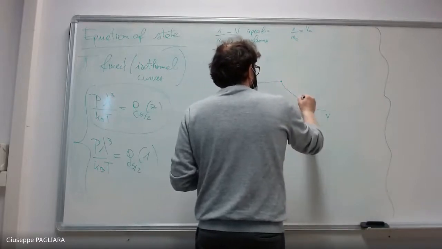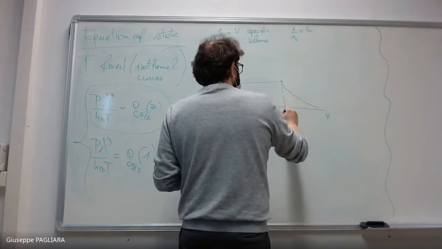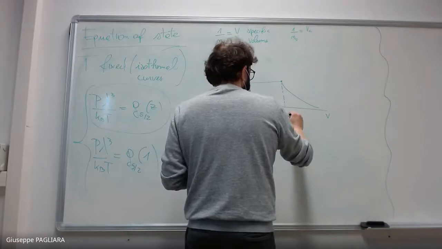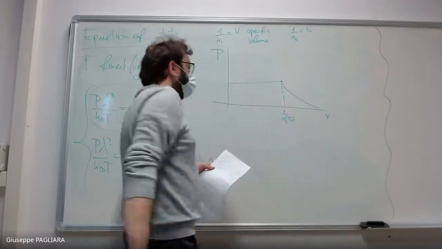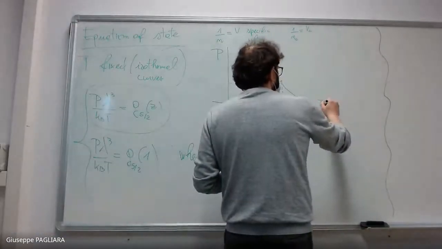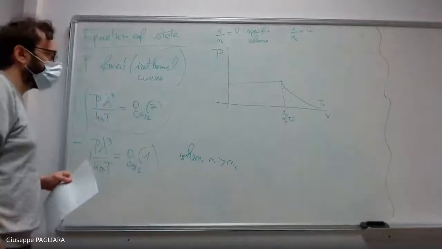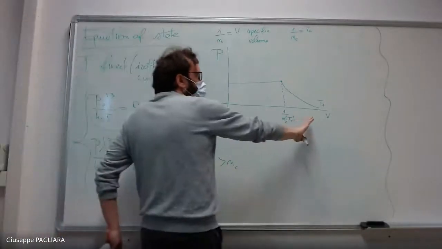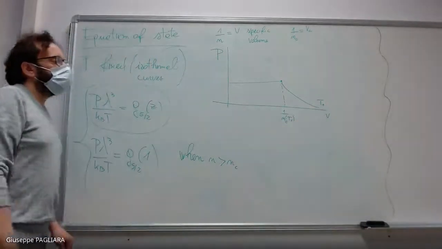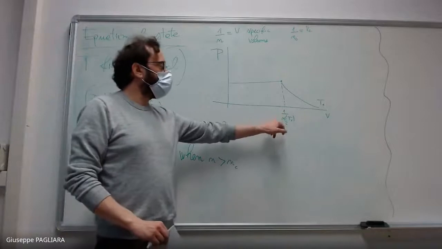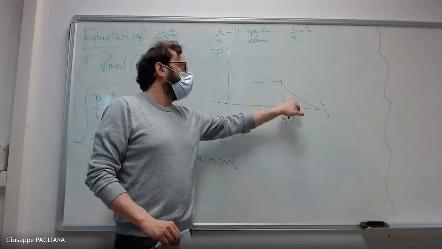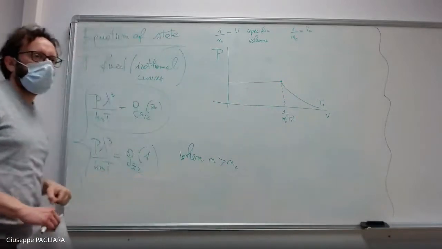So here, this number is 1 over nc of T1. And these are isothermal curves with a certain temperature T1. And you see here that when the specific volume is larger than the critical specific volume, which is 1 over nc of T1, I get something hyperbolic, as in the classical gas.